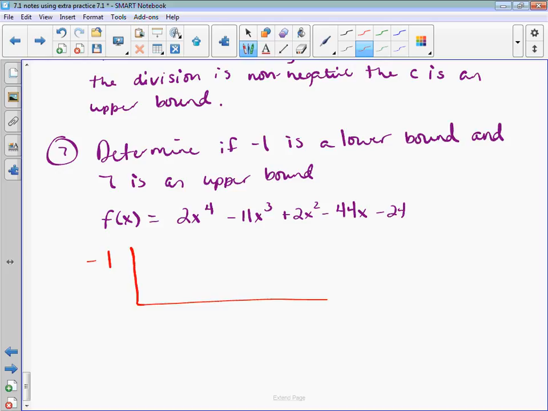So I'm just doing synthetic division. Bring down the 2, multiply.